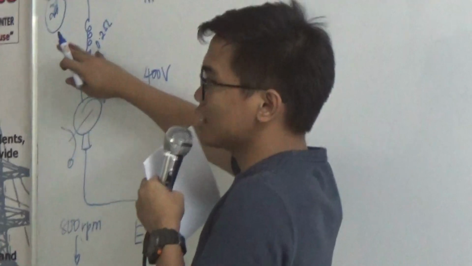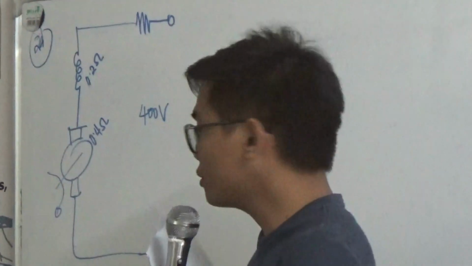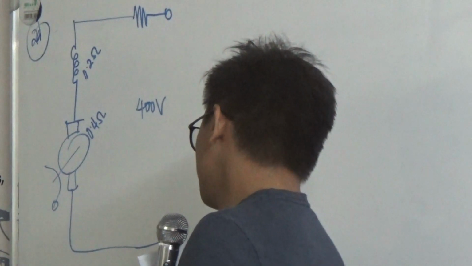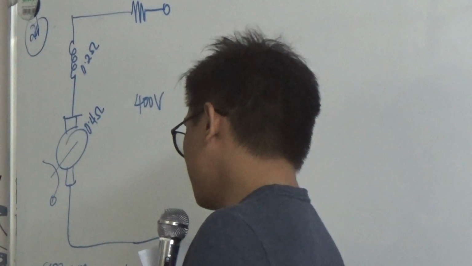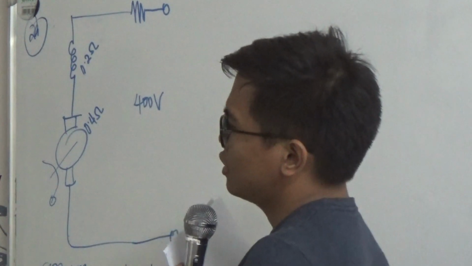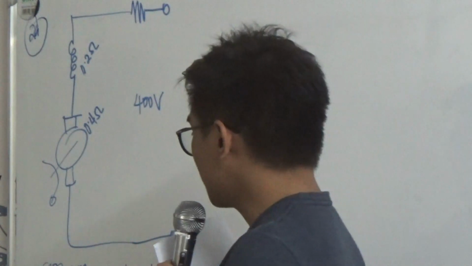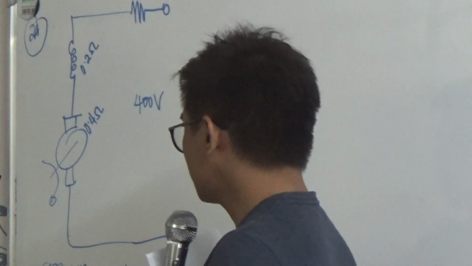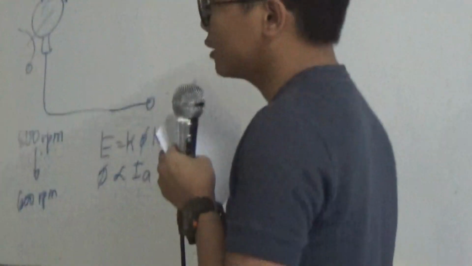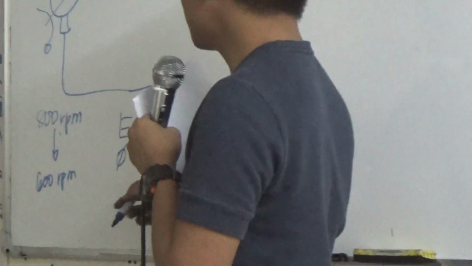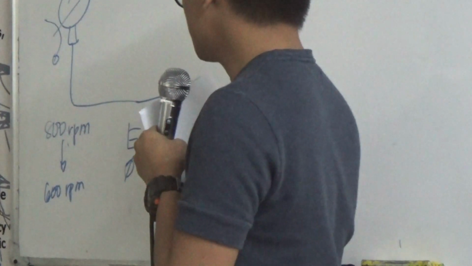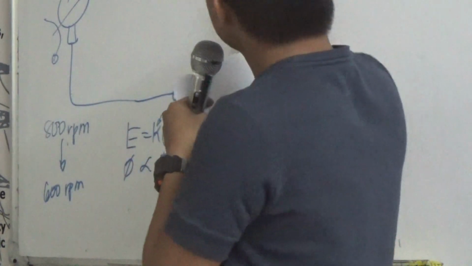Ito yung series field eh, so may field current tayo. Yung field current natin or yung Weber natin is proportional to the armature current. Since hindi siya nag-change, so this is also a constant.